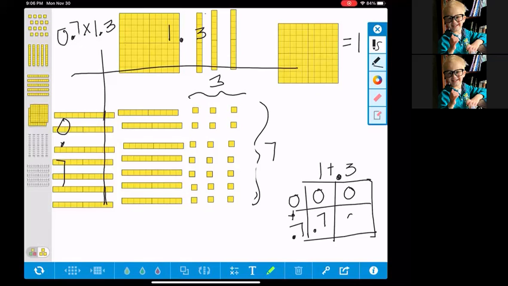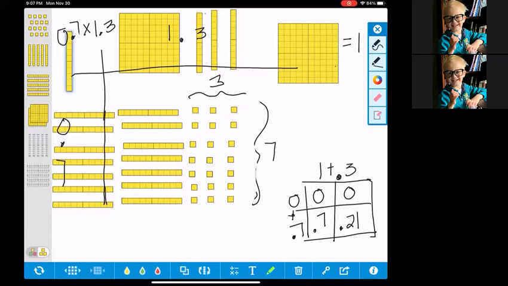And so here we can think about this as 21, but is this 21 hundredths? Is this 21 tenths? And that's the question. How do we know? Well, if we look at our diagram, we said that the flat, this guy, the flat here is 1.